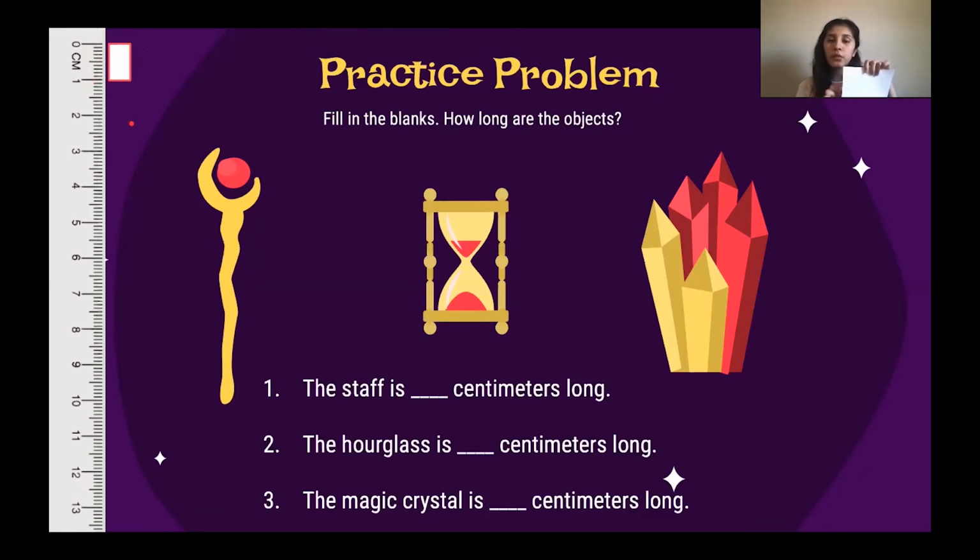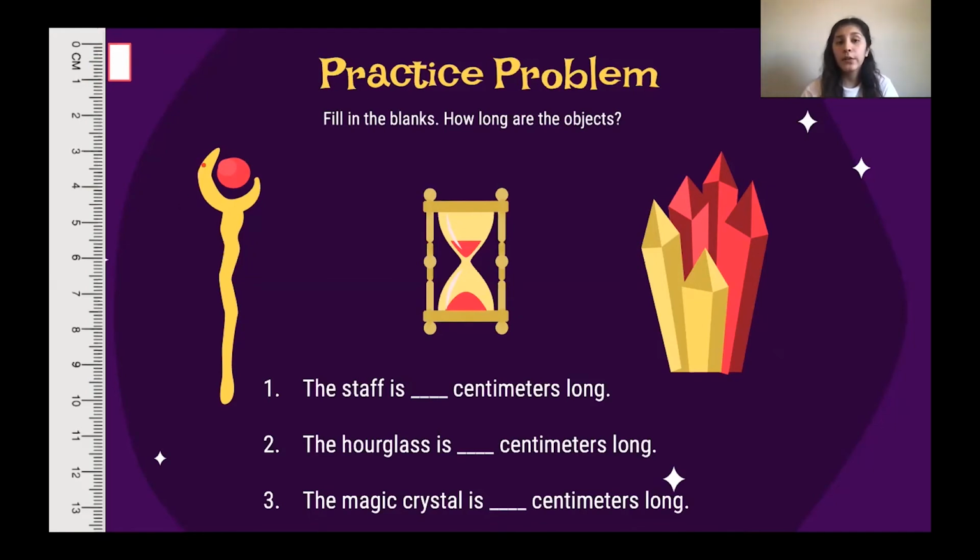You can make your own little ruler by putting it right on top of the screen and copying the little square. And then you can go ahead and measure the staffs. Just like that, okay? So you can go ahead, do that, pause the video, and unpause when you're ready.